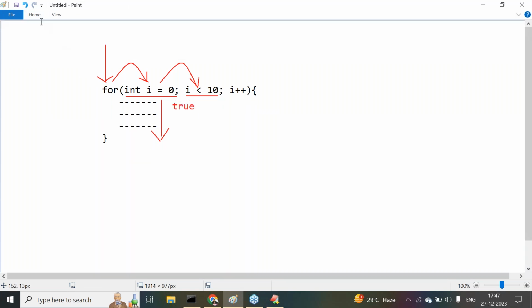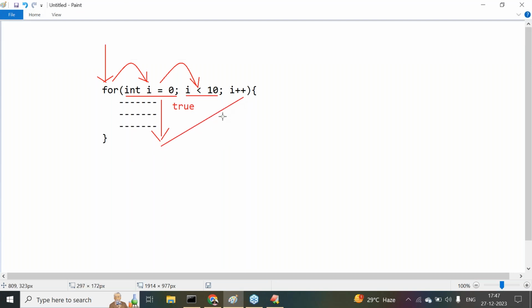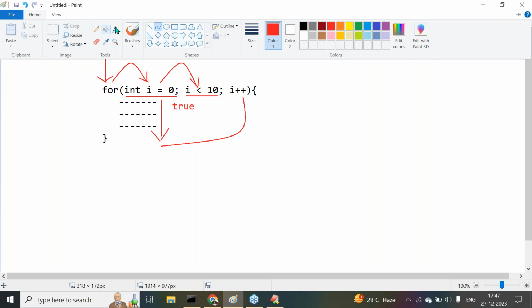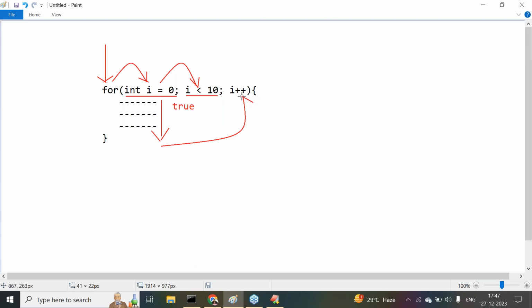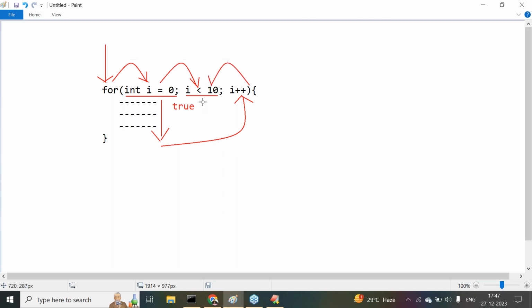Then at the end of the loop body execution, the flow of execution comes to I plus plus, that is expression 3. Expression 3 will be evaluated. After evaluating expression 3, the flow of execution comes back to expression 2, which is evaluated again.